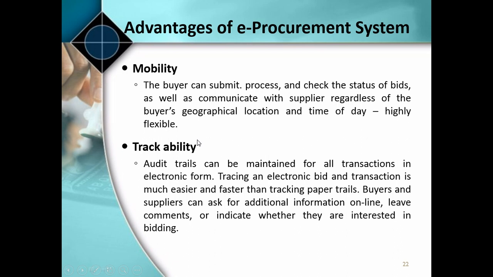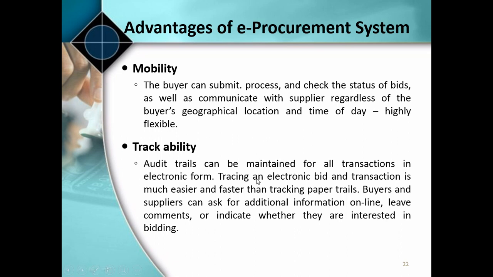Sebab dia adalah sistem yang kita guna internet. Okay, next, trackability. Dia kata as like other online purchases, the process and status of purchasing process can be tracked. Of course lah kan. Audit trails can be maintained for all transactions in electronic form. Kita boleh trace semua apa yang kita dah beli, apa yang kita dah keluarkan dekat sistem untuk supplier bids.